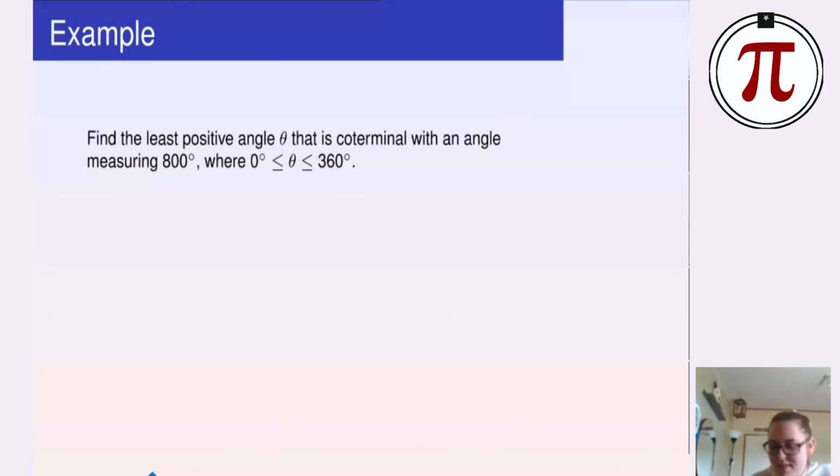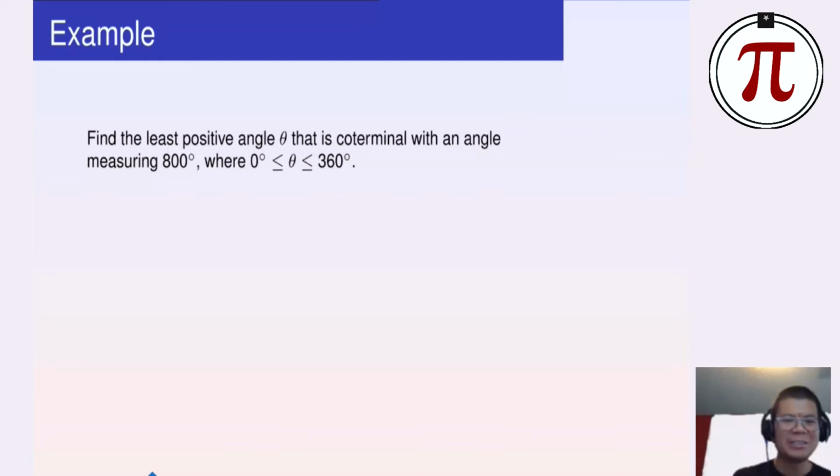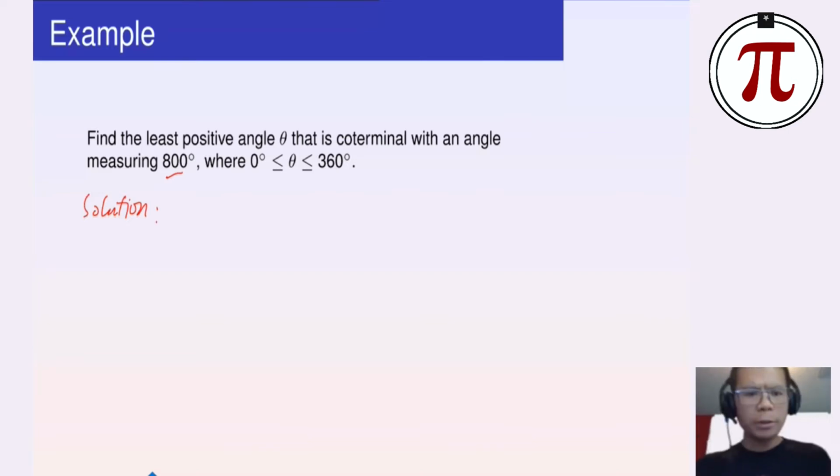Arinda. Okay, let's do this one together. What we want to do is find the least positive angle theta that is coterminal with 800 degrees. You can see that 800 degrees is a pretty large one, right?